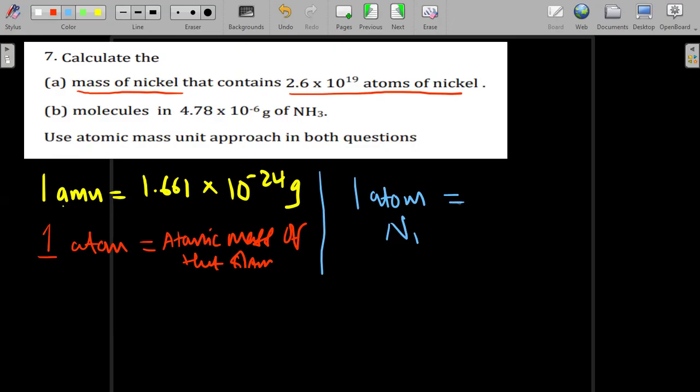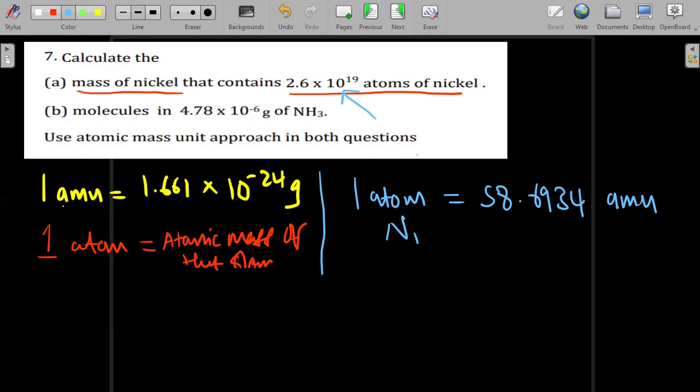The atomic mass unit is just the molar mass of that atom on the periodic table. For nickel, the atomic mass is 58.6934, which is the atomic mass unit. So one atom will have this atomic mass unit. What about 2.6 multiplied by 10 to the power 19?